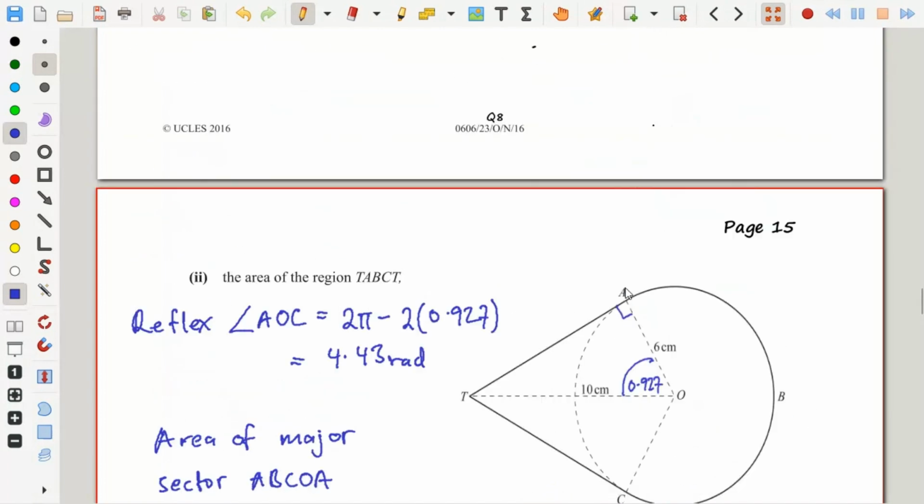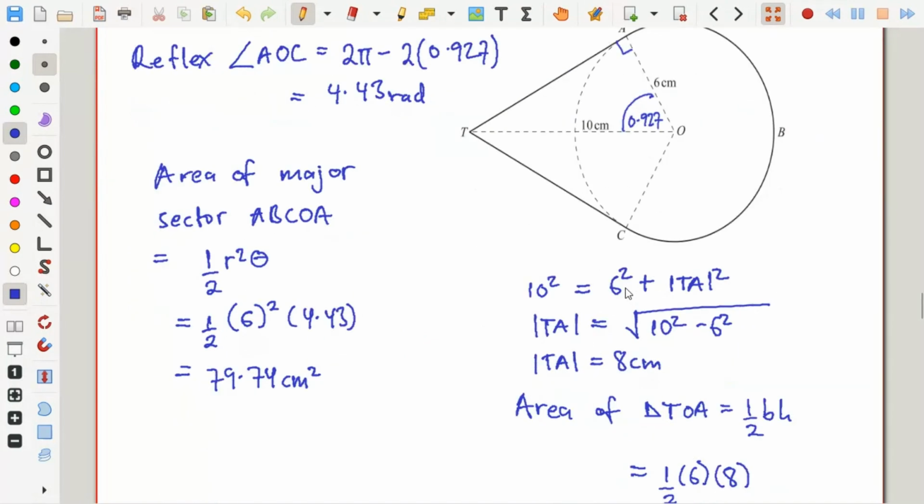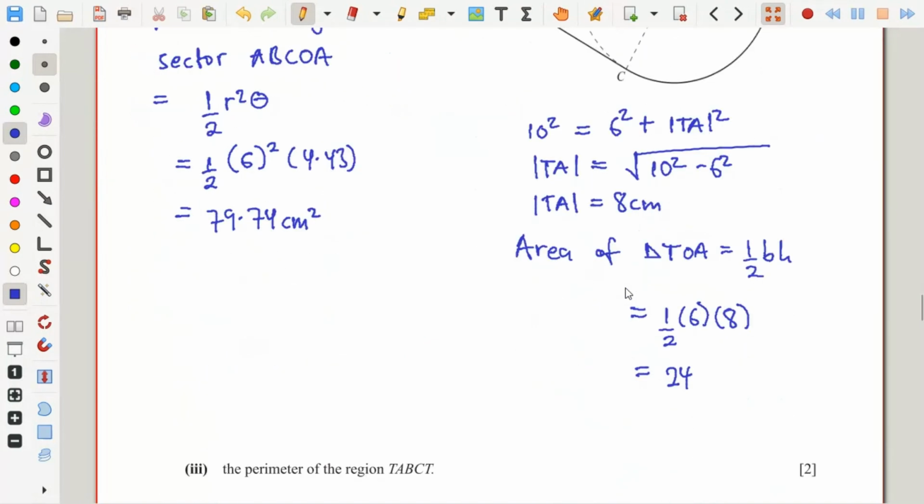But I'm not done. So the area of TABCT is equal to twice the area of the right angle triangle, plus the area of the major sector.